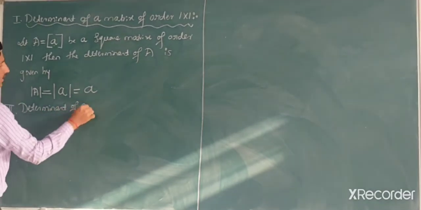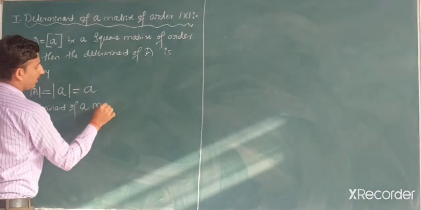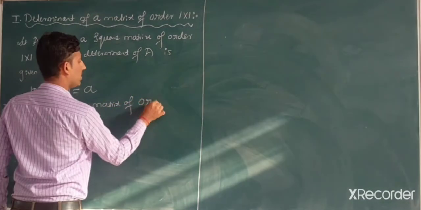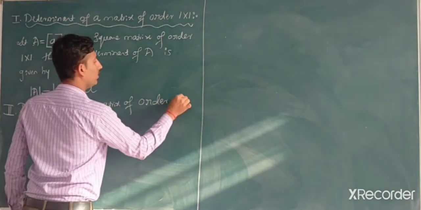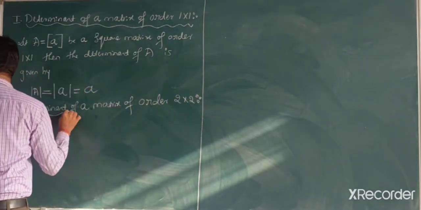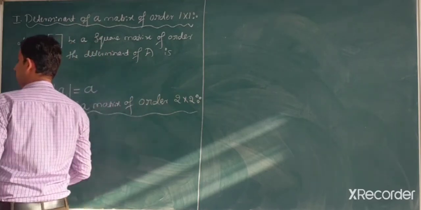the determinant of a matrix of order 2 cross 2.